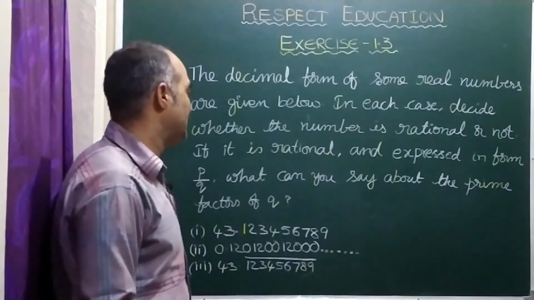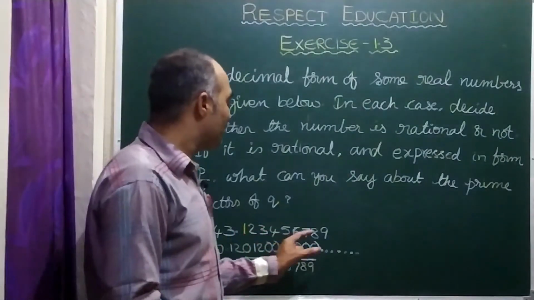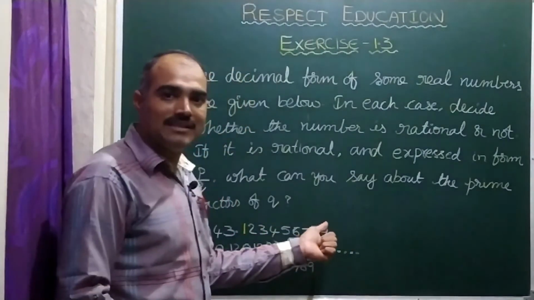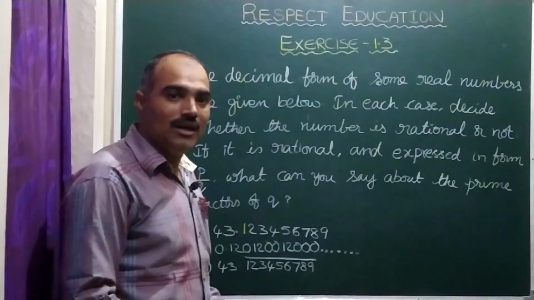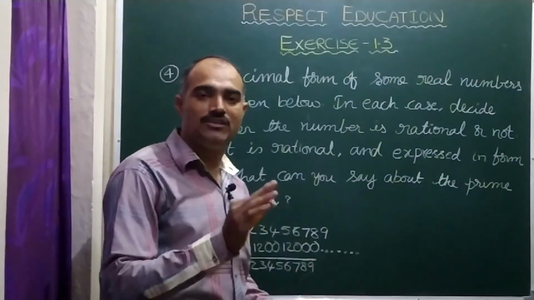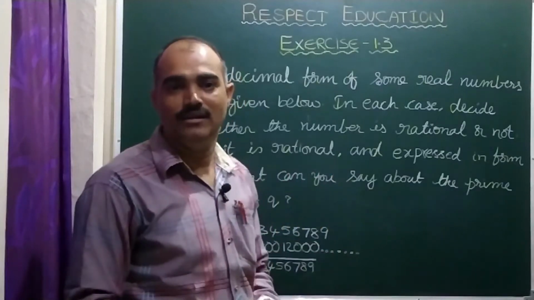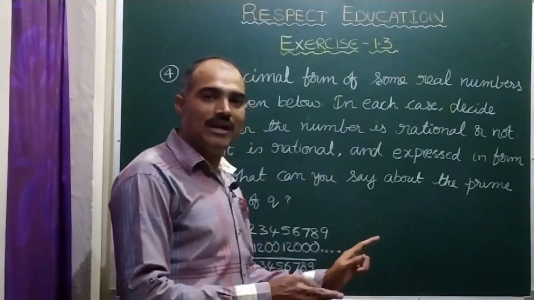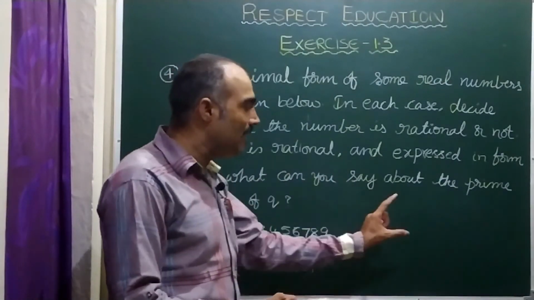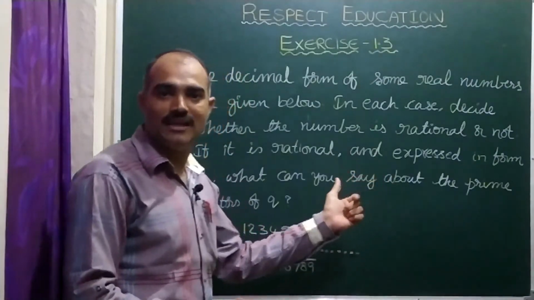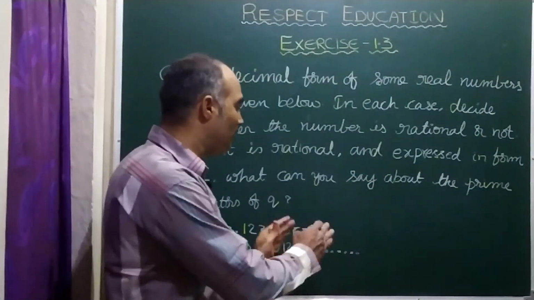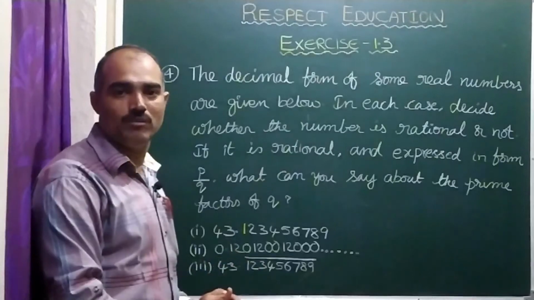Let us answer these. See here, children, for deciding whether they are rational or irrational, you need to learn a concept. Actually the concept is very lengthy to explain in detail, so here I would like to give a brief idea about rational and irrational, which will be exactly suitable for this problem.